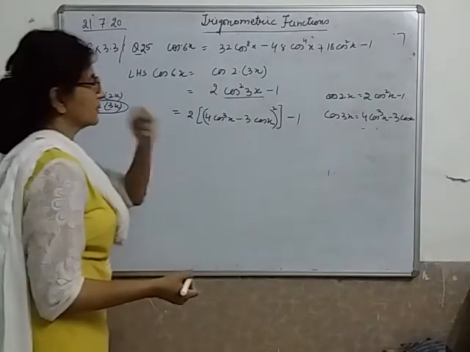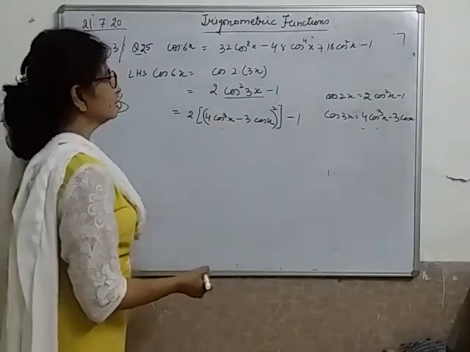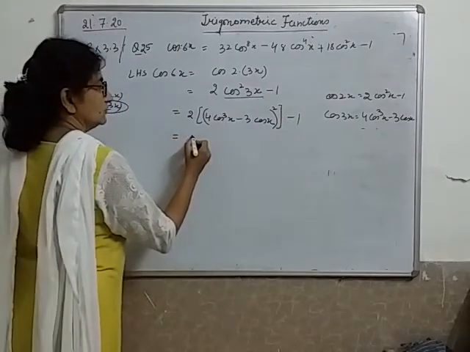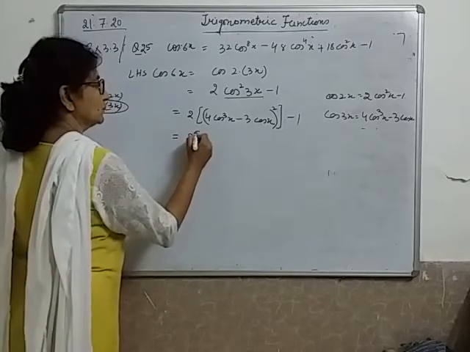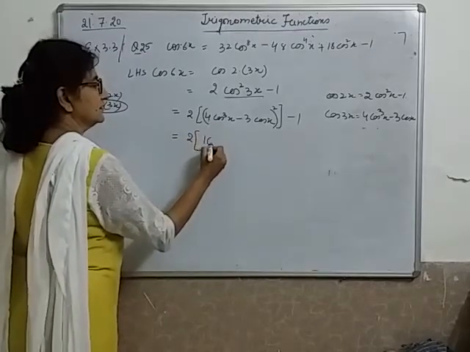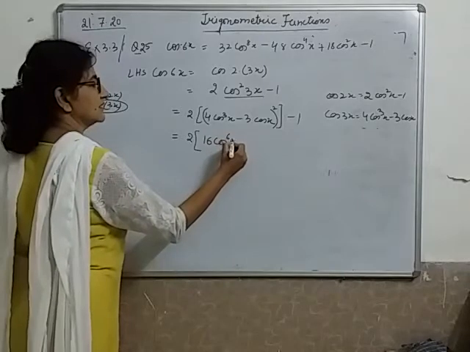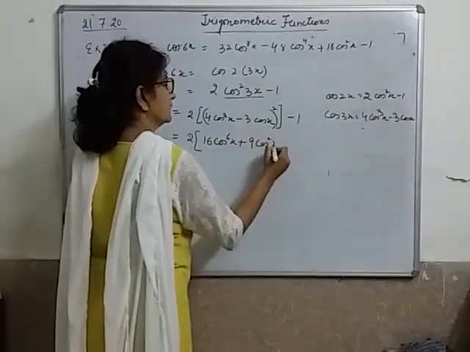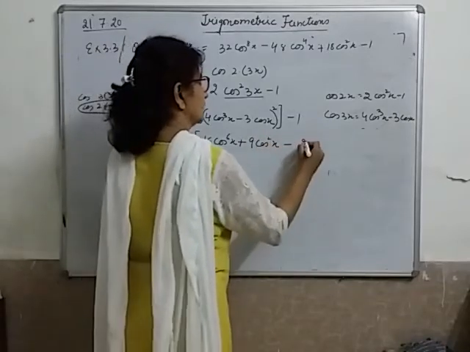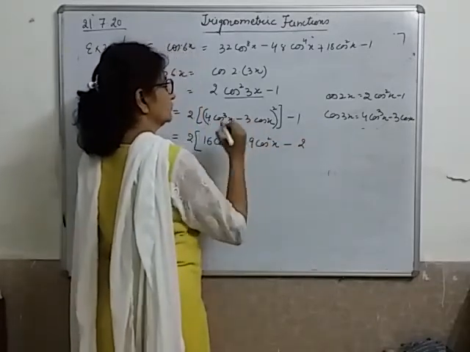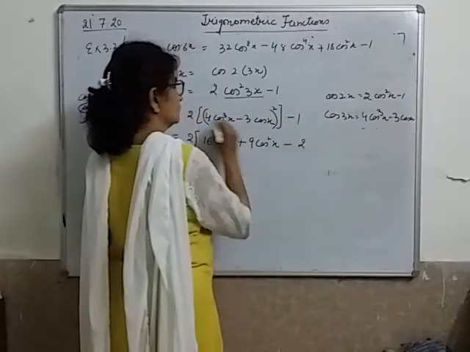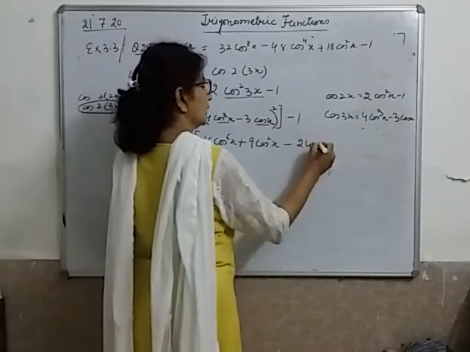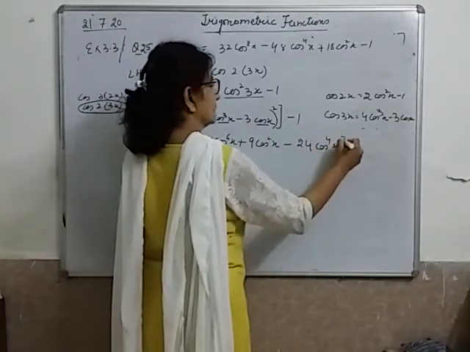Okay, where is what coming? Now you just have to open the brackets. Let's see if we get it or not. So it will be 2, then a square, this is square, plus b square minus 2 into 4 into 3, 12 into 2, 24 ab cos 4x minus 1.